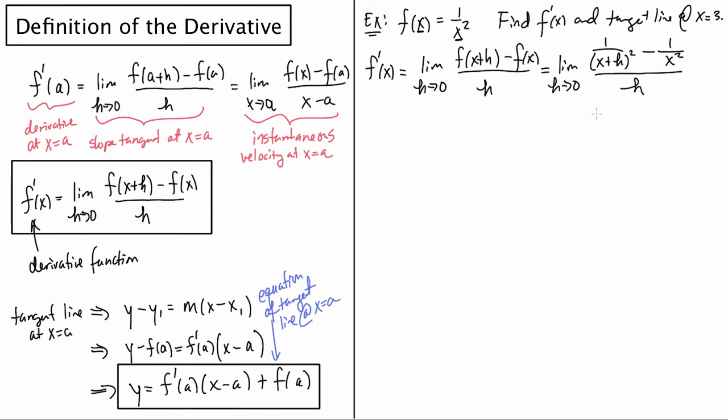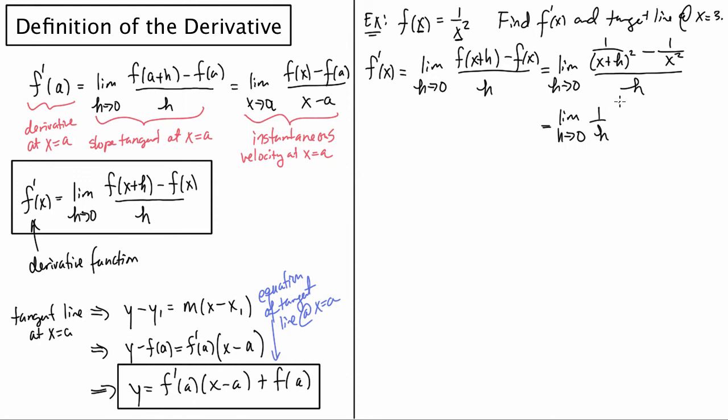Now, we've got a fraction inside a fraction, so that might bother you a little bit. But my suggestion is to go ahead and get a common denominator. First off, we're going to bring h into the bottom of each of these two. So this will be the limit as h goes to 0 of, a lot of times I'll just factor it out.